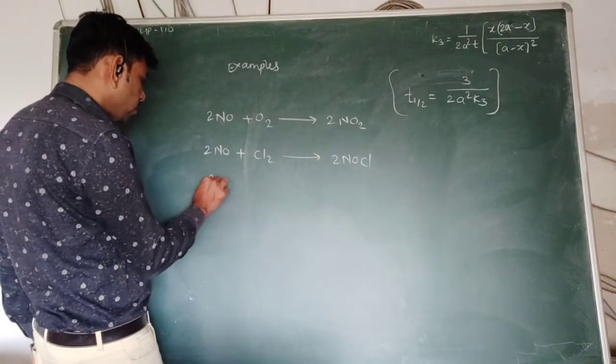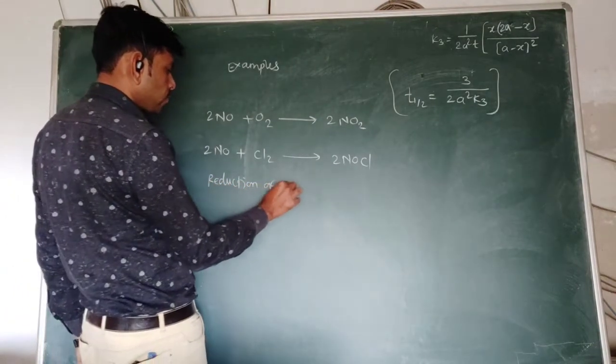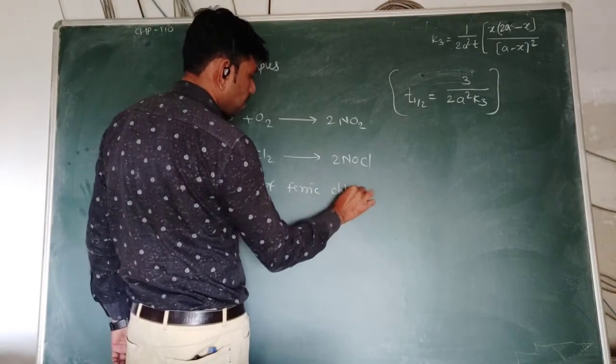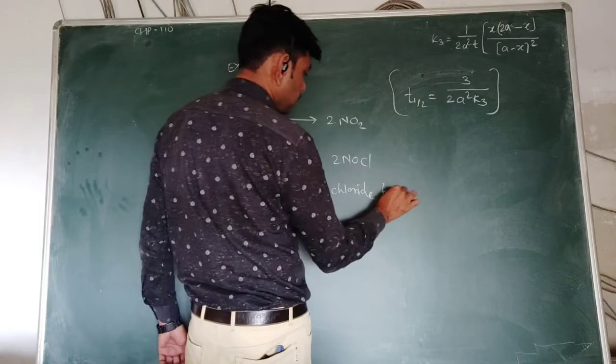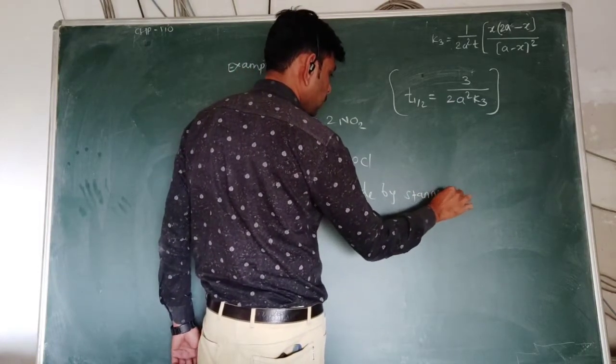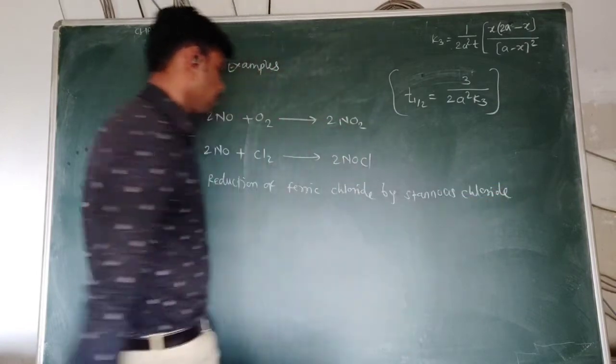Also reduction of ferric chloride by stannous chloride is an example of third order reaction.